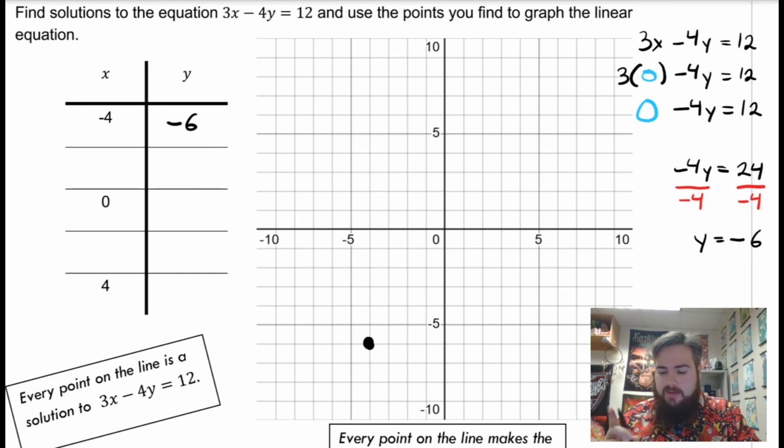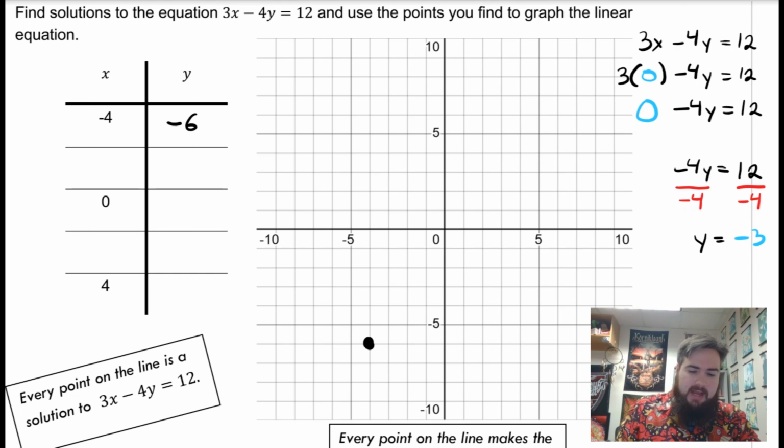And then I would have to divide by -4 again. But now I would have -4y equals 12, and that would have to divide by -4. And 12 divided by -4 this time is going to be -3.